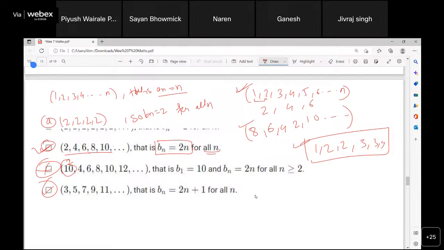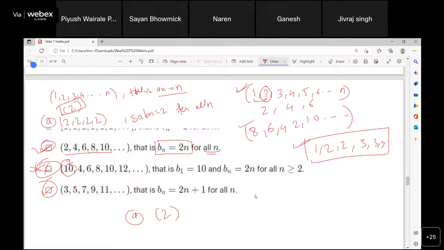No, it is not possible, because in our original sequence 2 is present only once, so we cannot repeat it. So we can neglect the other options too, because there is only one 10 and only one 2 in that sequence, so there are no two tens. That one is not right.